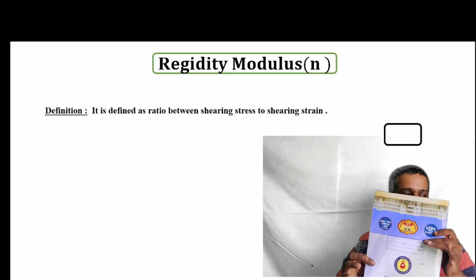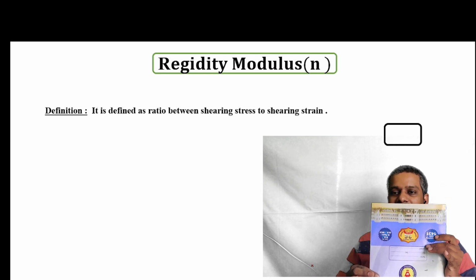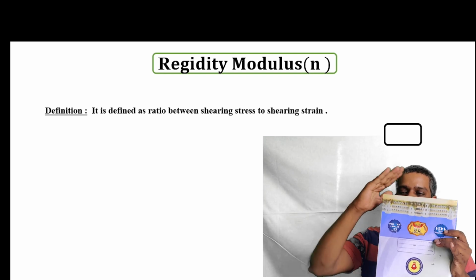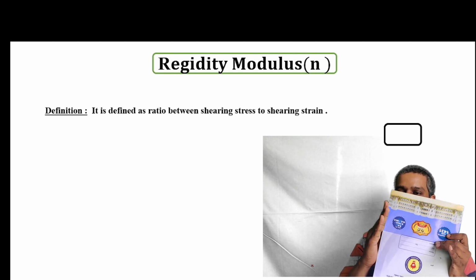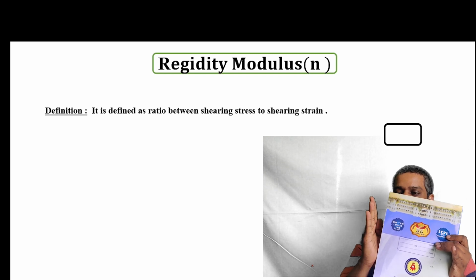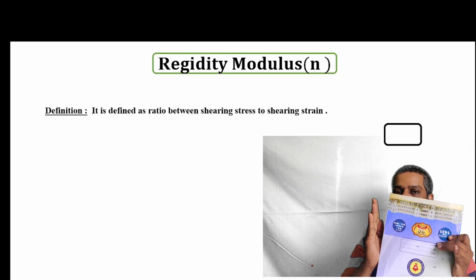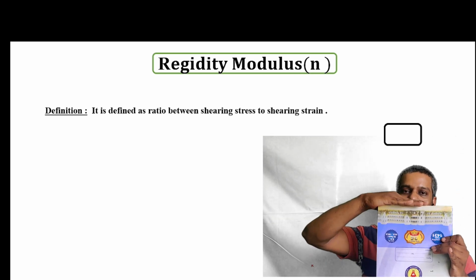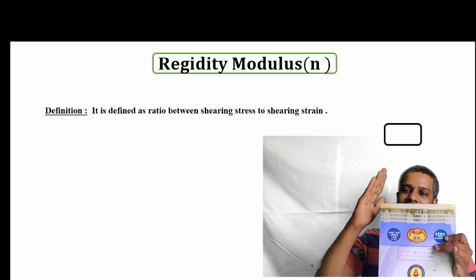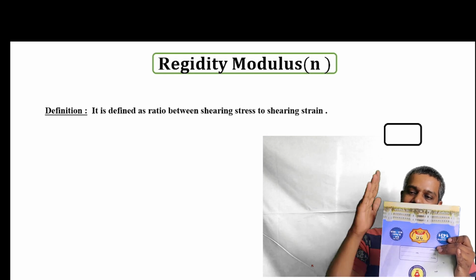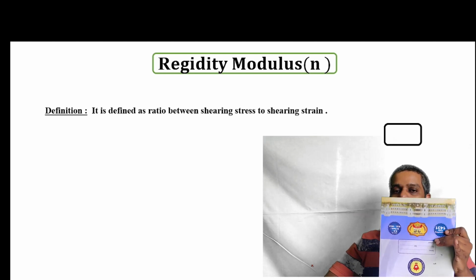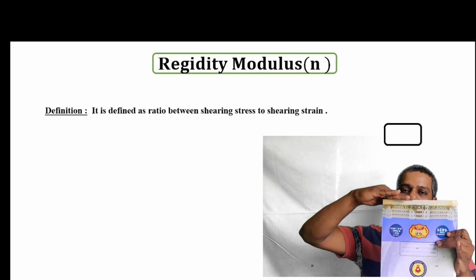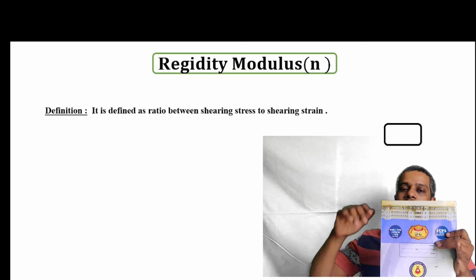Suppose you are giving the force along this direction, this face will just slightly shift by a particular angle pi. This kind of stress is called the shearing stress, because it is making some particular angle. The bottom is fixed. You have to remember, the bottom is not moving, because we are applying the force on the top of the box.